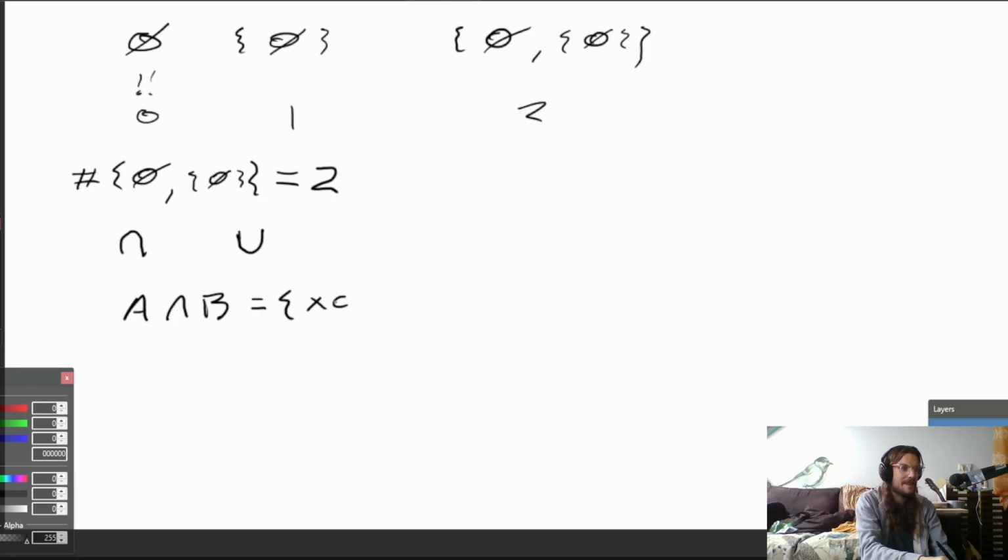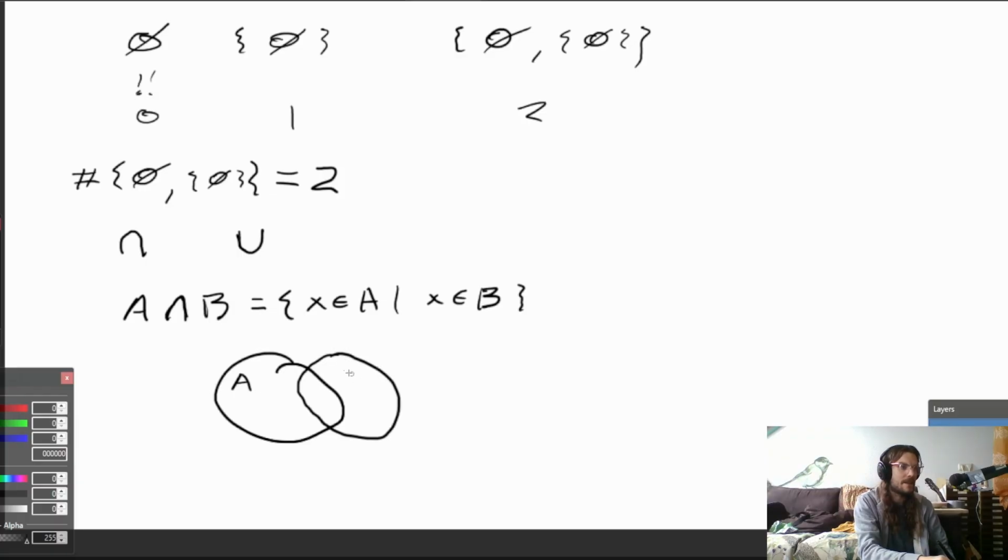It's all the x in A for which x is also an element of B. And you can think of it as a Venn diagram. We have the set A, we have the set B, and then the intersection is this part here where they overlap. Secondly, you have the union, A union B. It's a bit harder to define with normal logical language.